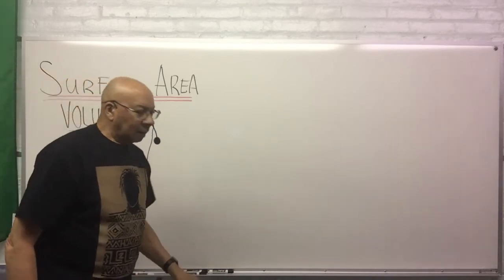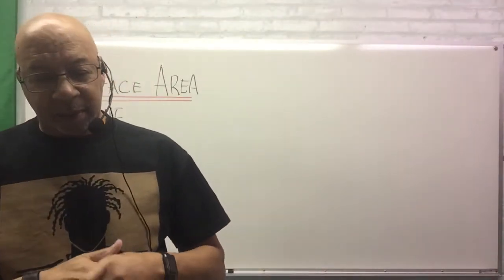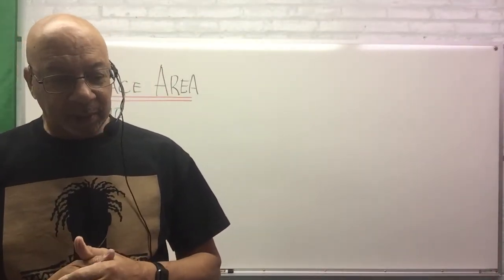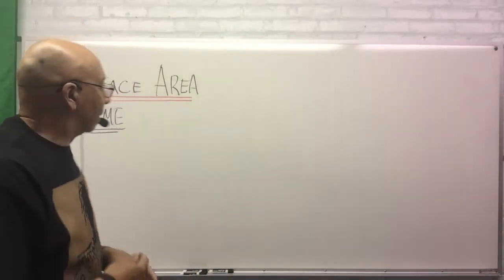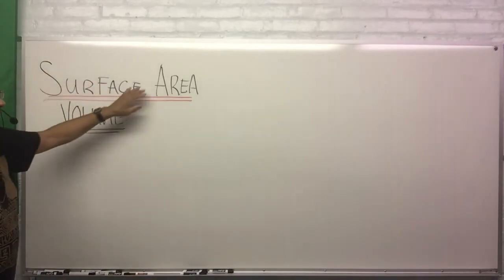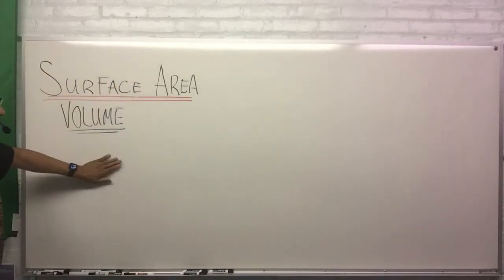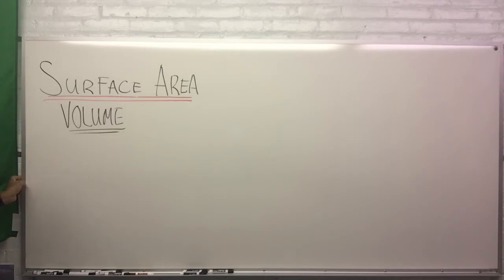Usually when we talk about this topic in 7th grade, people have a hard time understanding exactly what that means. Surface means kind of on the top, like this is the surface of this board. The back of the board is against the wall, so we wouldn't call that the surface.